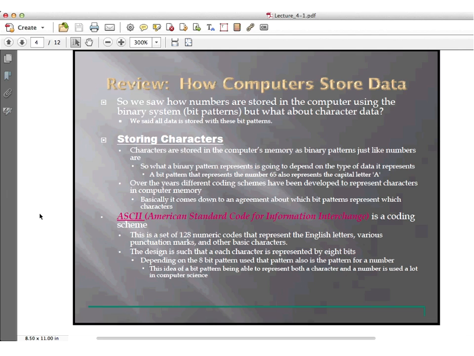It could be the number 65, or it could be the capital letter A. And they have two different schemes. One is called, or there's more than two schemes. One is called ASCII, which is a set of 128 numeric codes that represent English letters, various punctuation marks, and other characters. In other words, with 8 bits, or 1 byte, is 1 character.